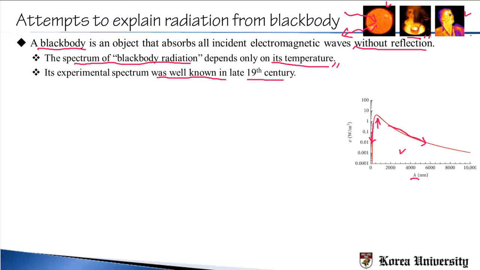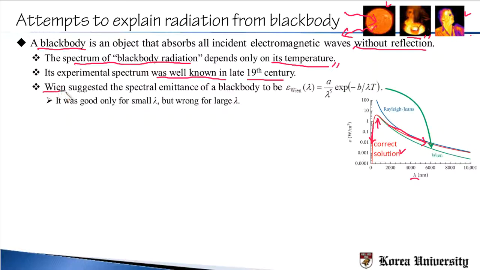And of course, many scientists tried to explain this phenomenon, why you have this kind of curve, based on their knowledge of classical physics. One example was a scientist whose name was Wien, and this was the solution he got.